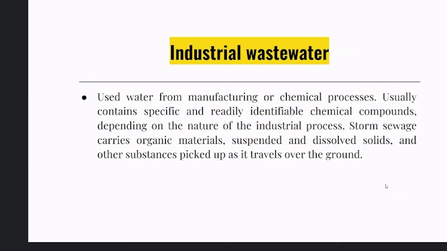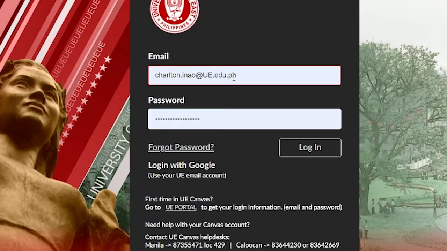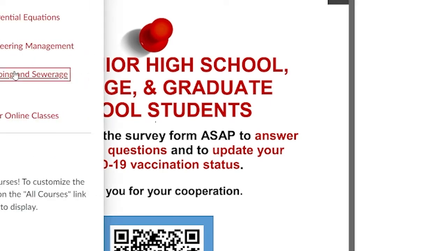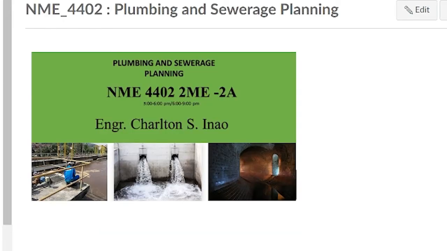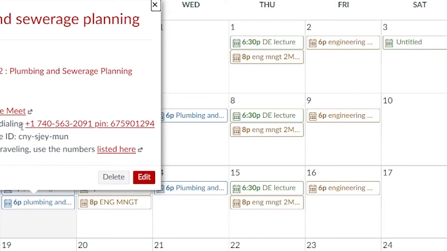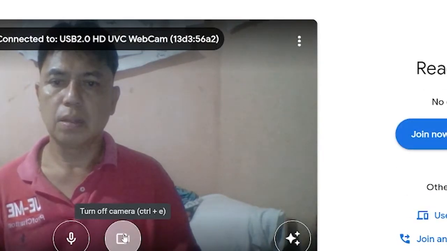So, based sa industrial wastewater naman, dito sa category na to, ito yung mga sewer system wastewater na kadalasan ginagamit sa mga industriya, sa mga factory, sa mga oil manufacturing, kung saan gumagamit ng mga chemical compounds na kapag naitapon natin sa sewer system or nag-infiltrate sa ating mga pipelines is nagkakaroon ng delaying sa flow, nagkakaroon ng laminar flow dahil nga habang nag-flow siya is nagkakaroon siya ng tinatawag natin na friction.